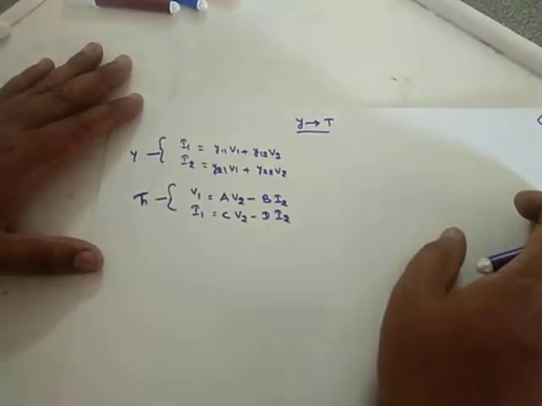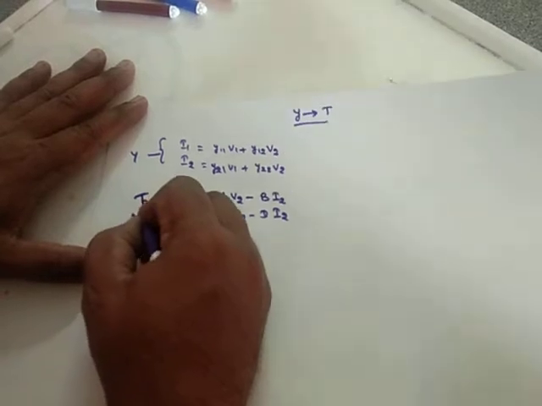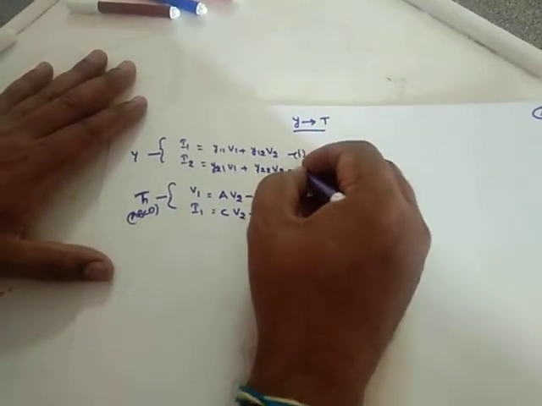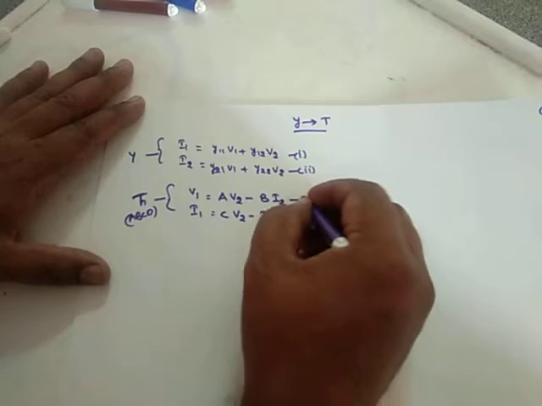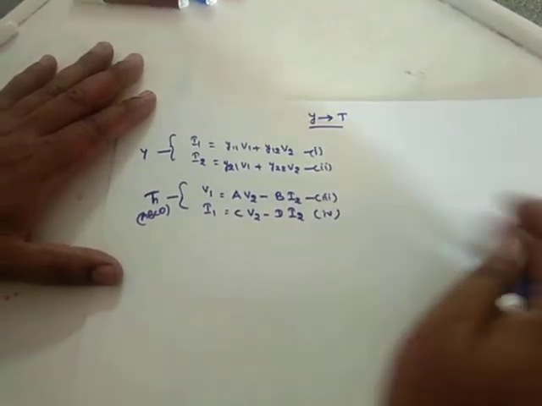So these are the basic expressions used in T parameters or ABCD parameters. This is the third and this is the fourth.